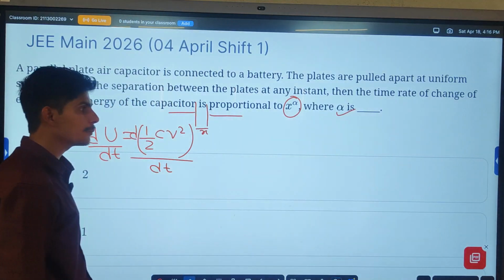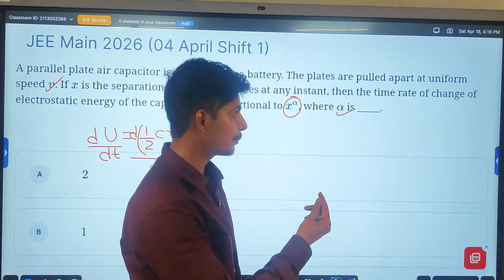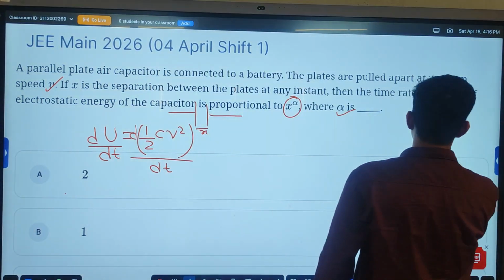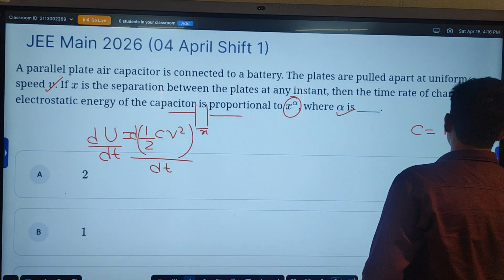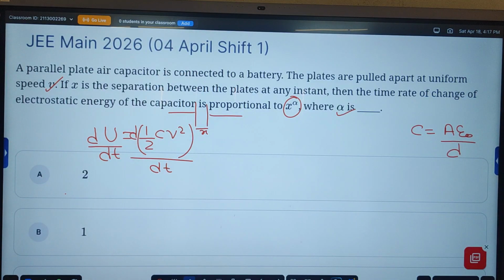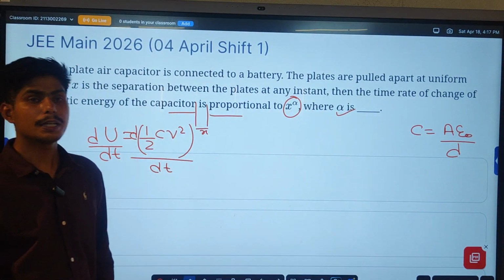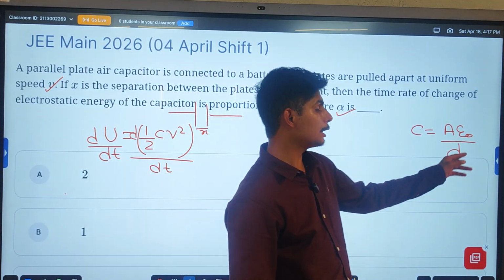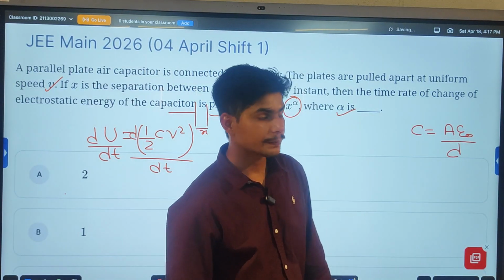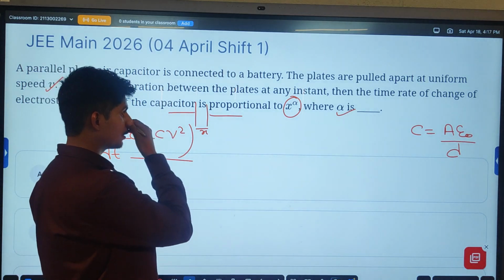How will you write the capacitance of a parallel plate capacitor? We know that C is equal to A epsilon naught by d. d is the separation, A is the area of the plate of the capacitor, epsilon naught is the permittivity of free space, and d is the distance of separation between the plates of the capacitor.